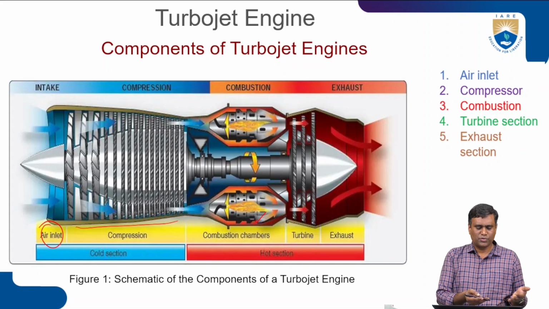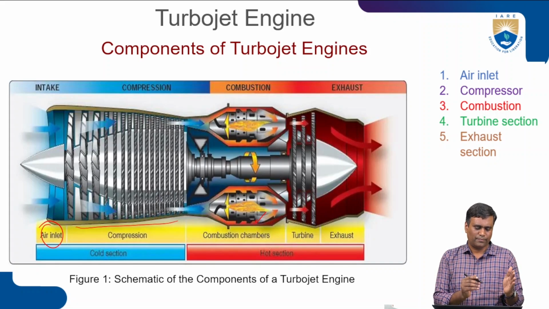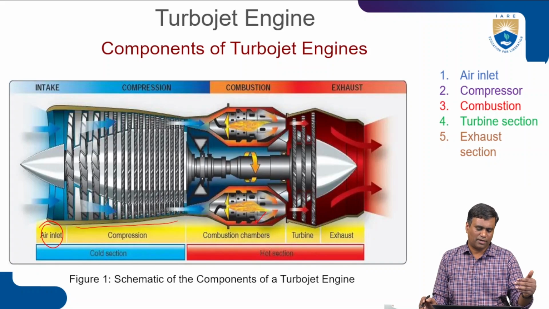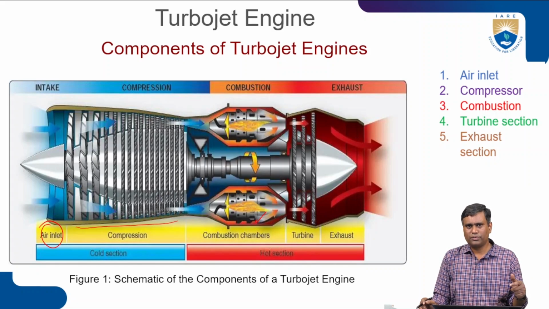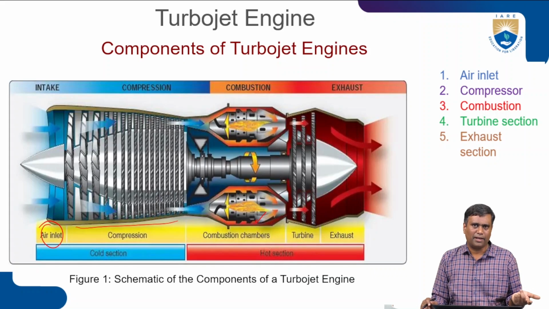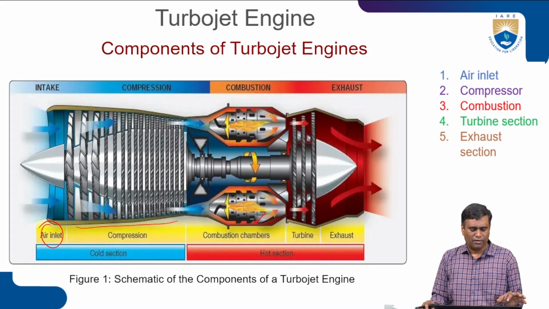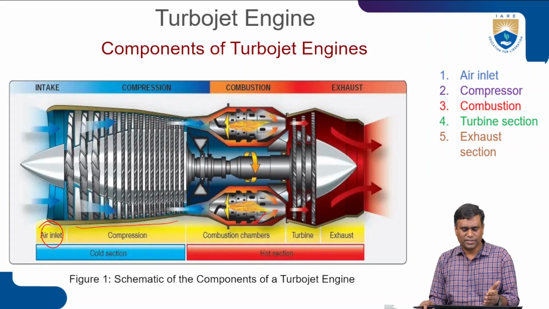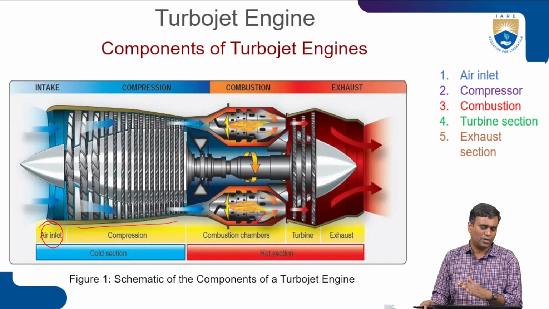There are a few issues as well: through the inlet or in between, through the flow across stator and rotor, there is a possibility of stall, similar to aerofoil stall or wing stall, where flow separates from the blade. This increases the drag, results in compressor inefficiency, and of course affects the combustion process as well.